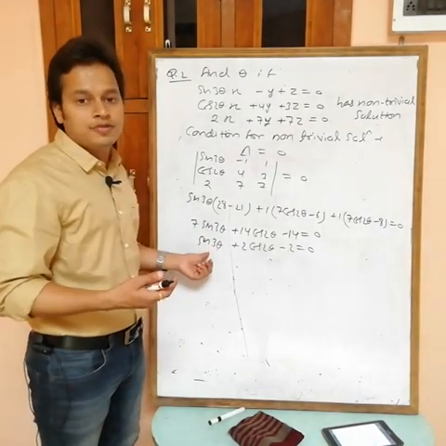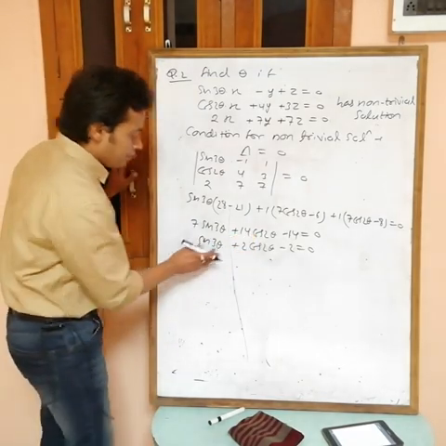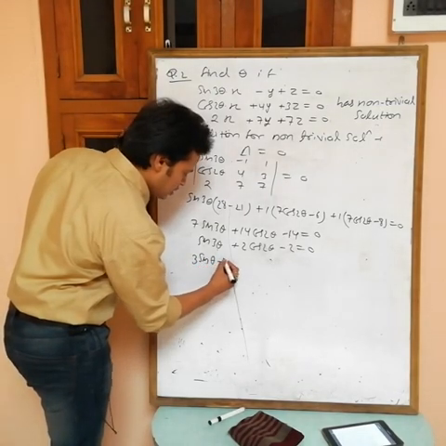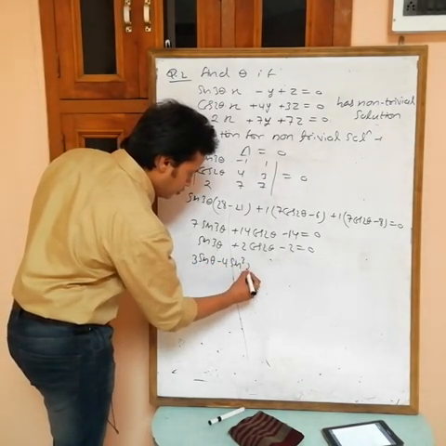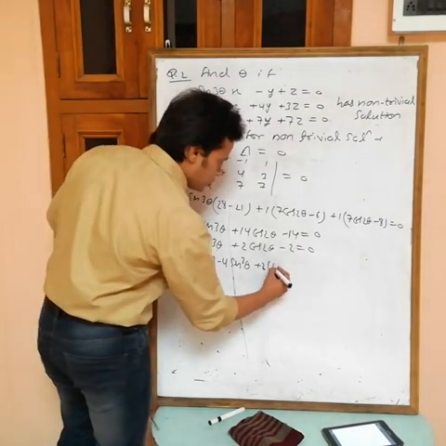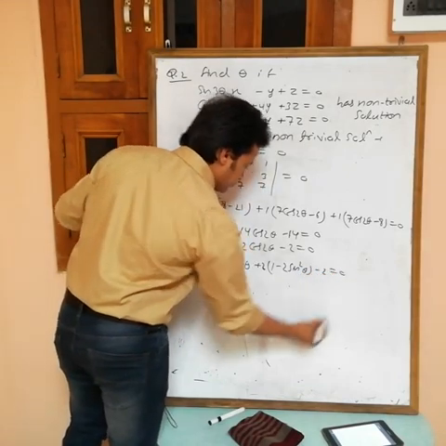But for this one, we have only in terms of sin theta, so apply the formula in terms of sin theta. Then we are getting 3 sin theta minus 4 sin cube theta plus 2, cos 2 theta can be written as 1 minus 2 sin square theta.